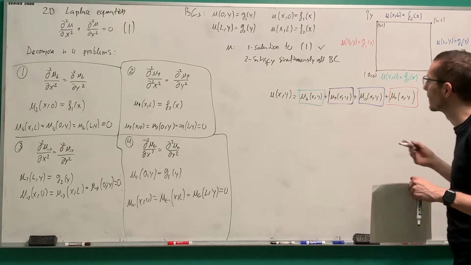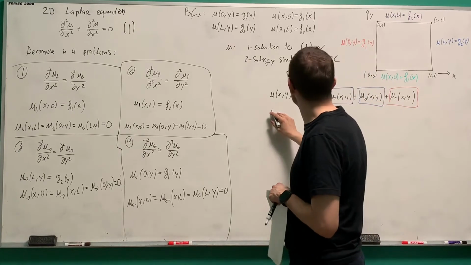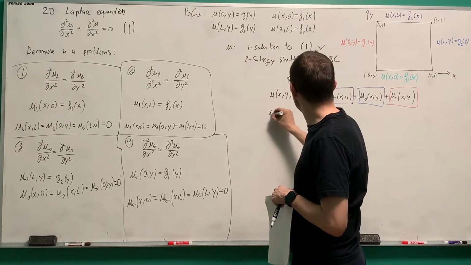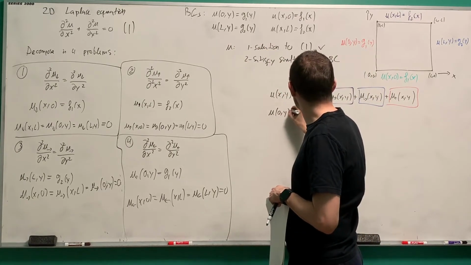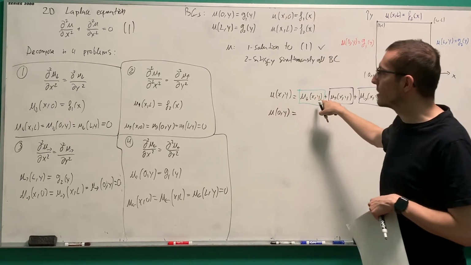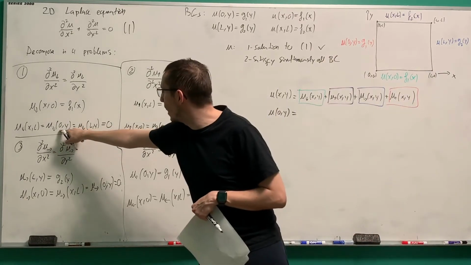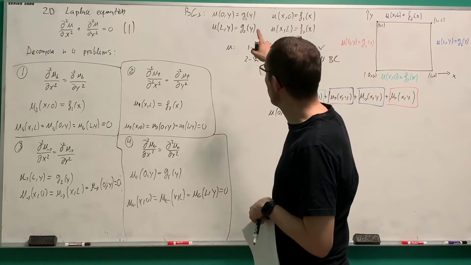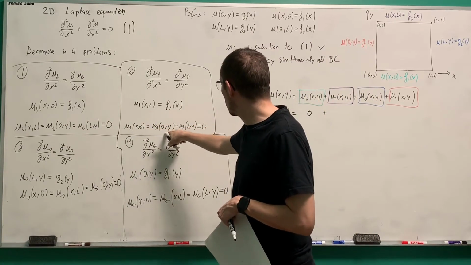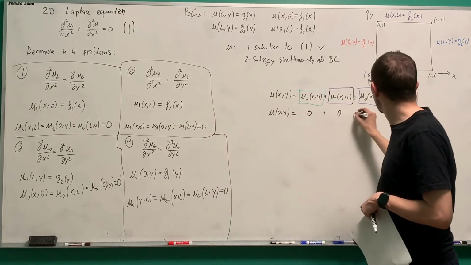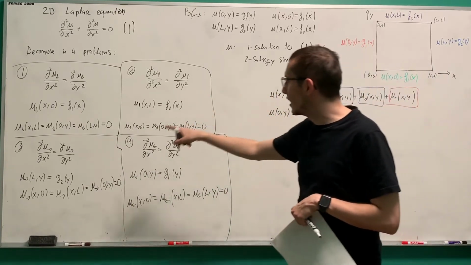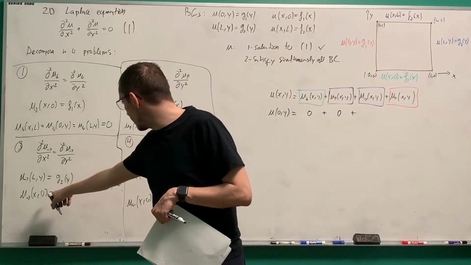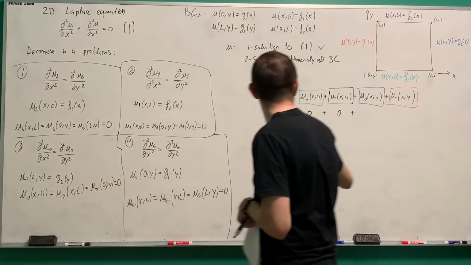Well, let's check. First, the condition u of 0, y. What is u down at 0, y? u down at 0, y is 0, plus u up at 0, y is 0. What is u right at 0, y? u right at 0, y is 0.